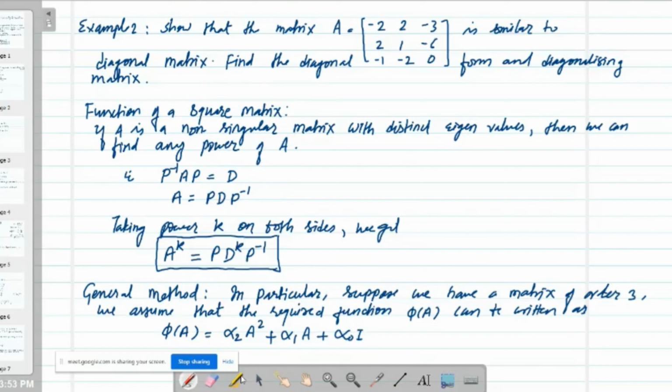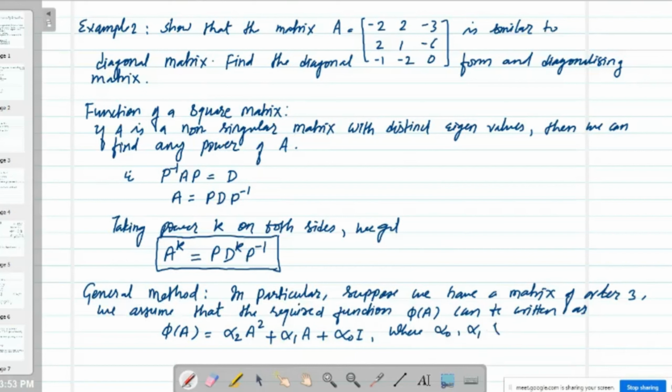That will be your power of matrix A. Okay, this is for 3x3 matrix where alpha naught, alpha 1 and alpha 2 are constant to be determined. Okay, so this is for 3x3 मैट्रिक्स.